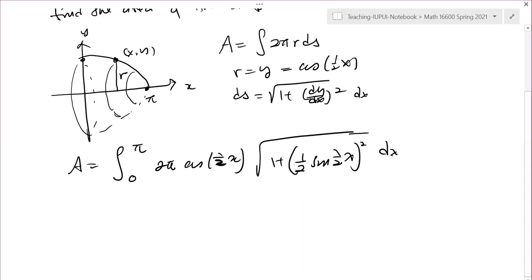You think about how to evaluate the integral. What is the best idea right now to evaluate this integral? I use substitution, right? I think we have to use substitution.